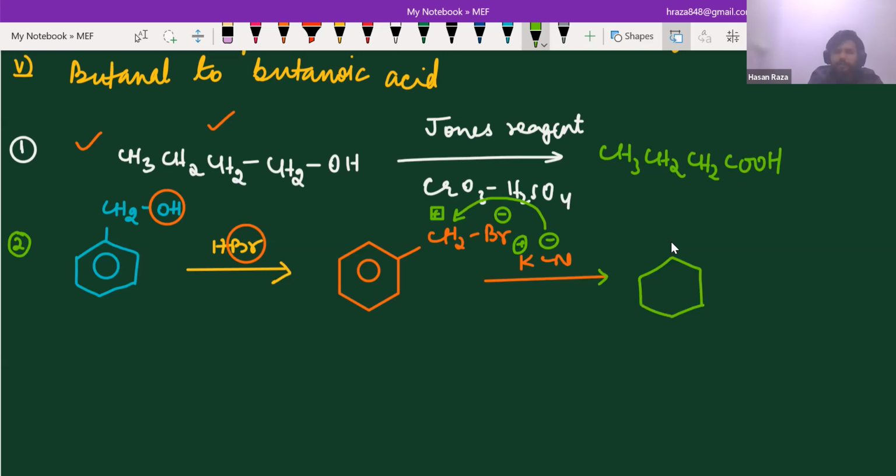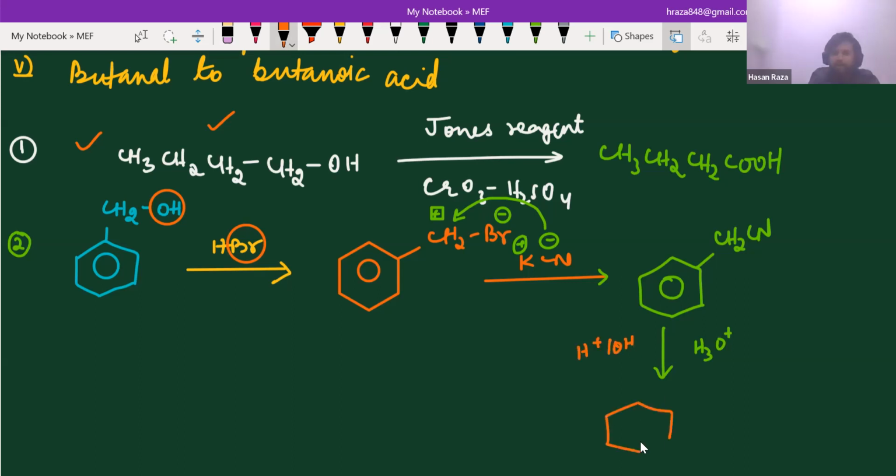Now it becomes a nitrile, benzyl cyanide. Then we do H3O positive. Or else you can see the preparation of carboxylic acid from nitriles. First, with H plus or OH minus, it will be converted into an amide.